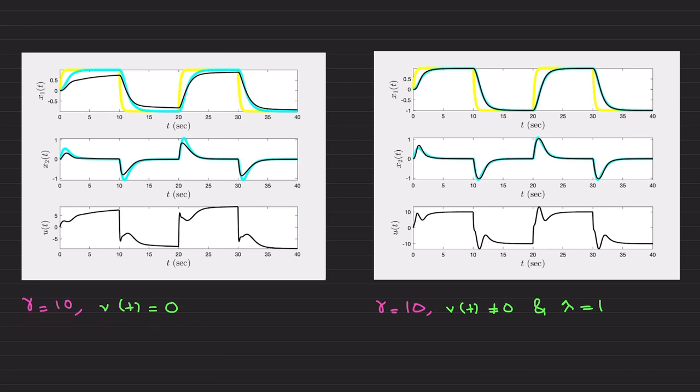We achieve a good performance right here when we increase the adaptation gain. We have slight performance error, the difference between the ideal reference system performance and the actual system. Now, if you implement the performance recovery signal, even with lambda equals 1, you achieve a much faster performance.